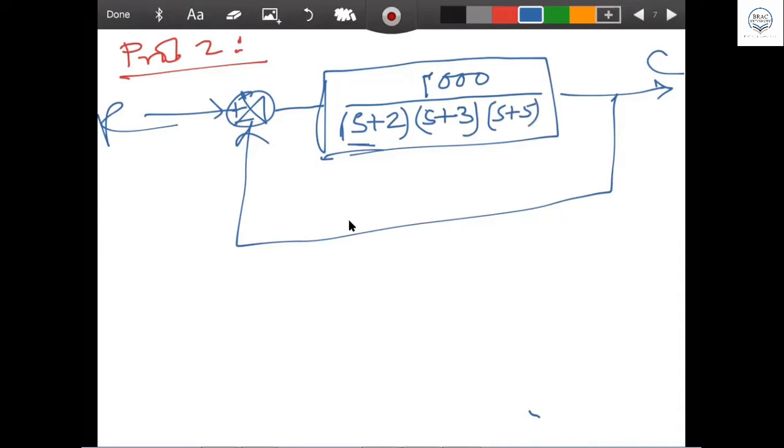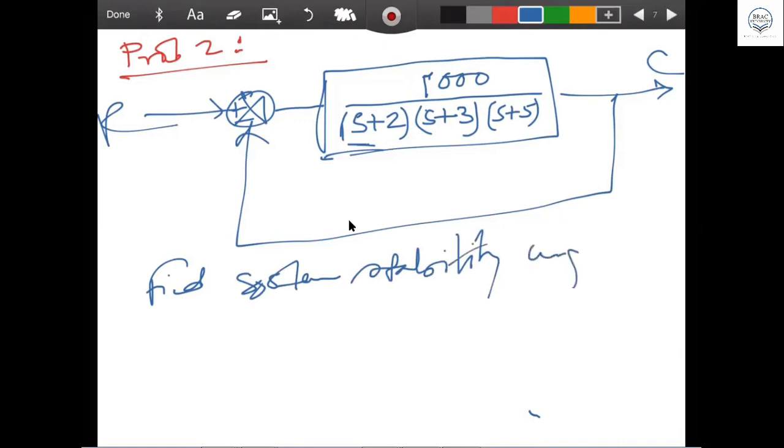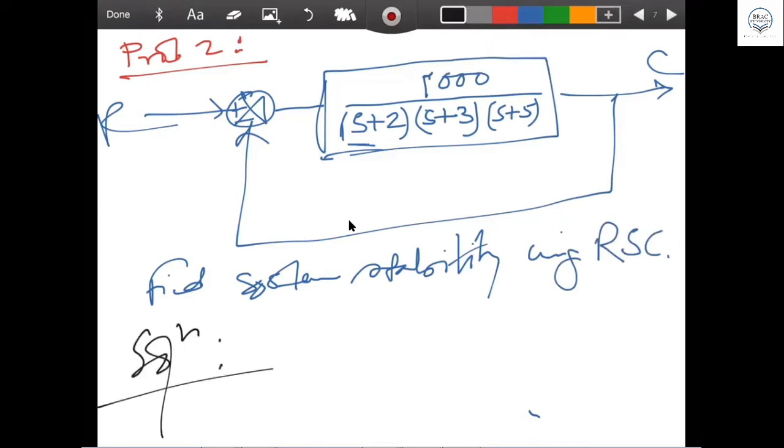Now, can you find the system stability using the Ruthian stability criterion? Now you go for the solution. Go faster. Let's see whether you can do it or not.